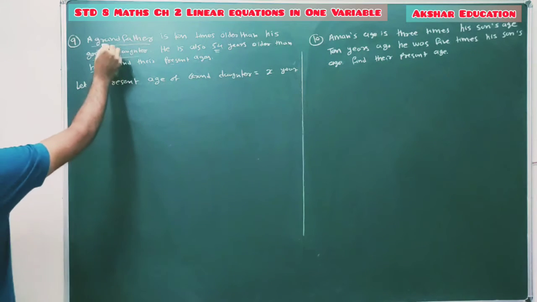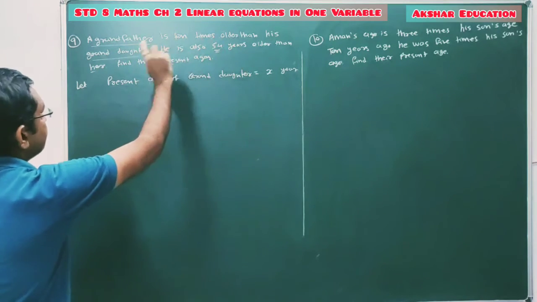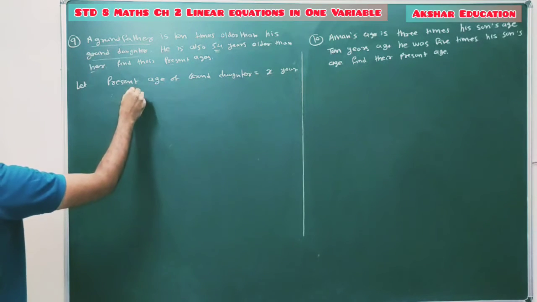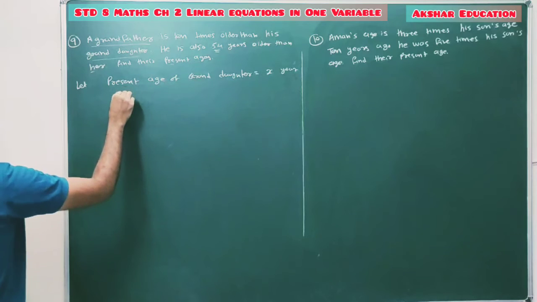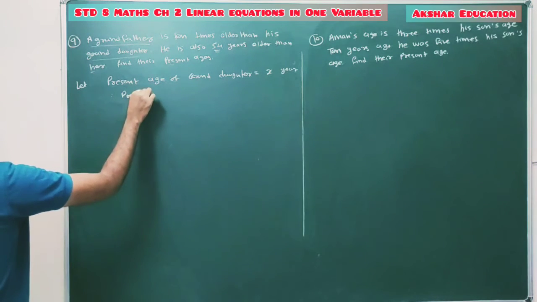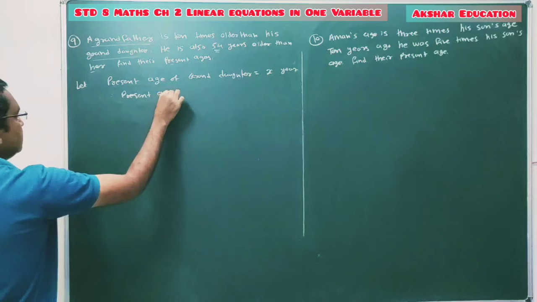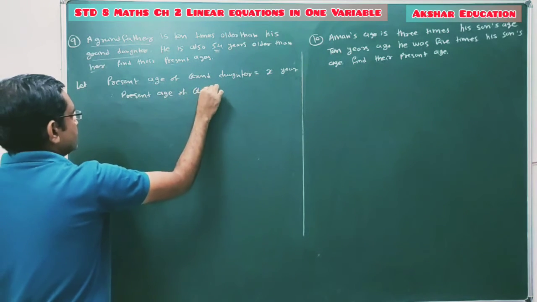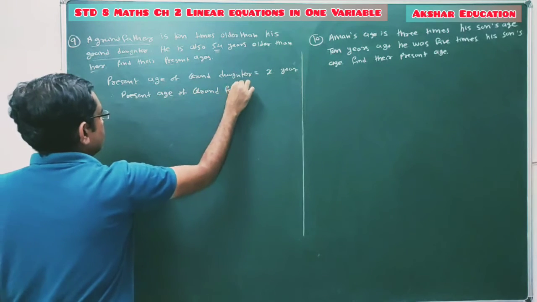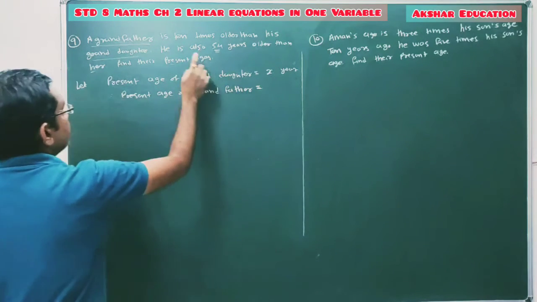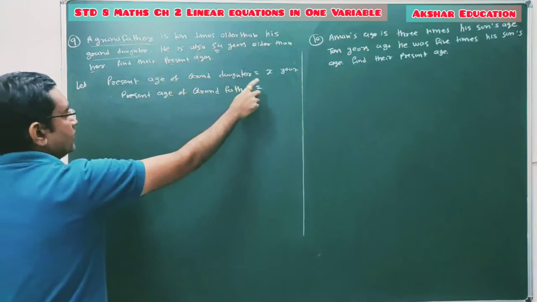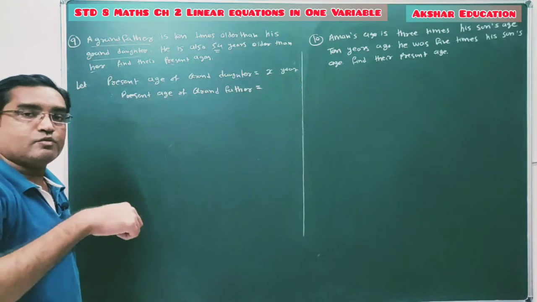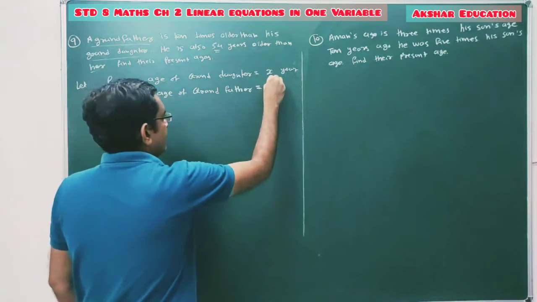Now grandfather is 10 times older than his granddaughter. So now we can write the present age of grandfather. The present age of granddaughter is x years. Grandfather is 10 times older than his granddaughter, so it's 10x years.